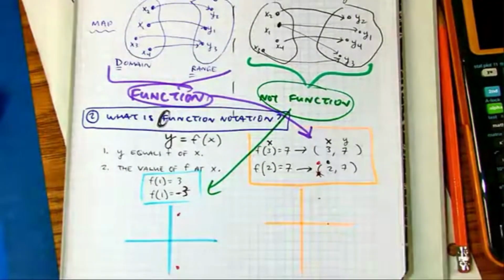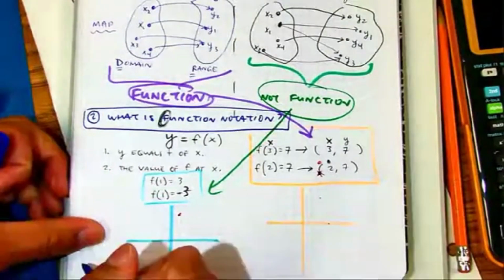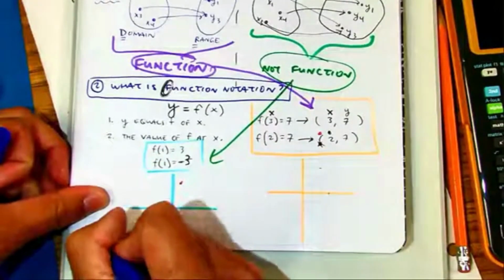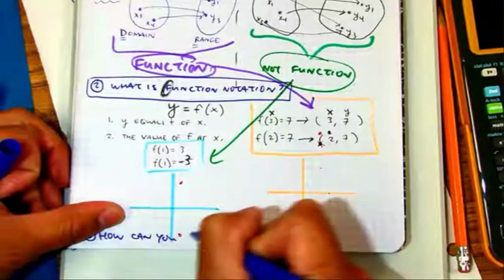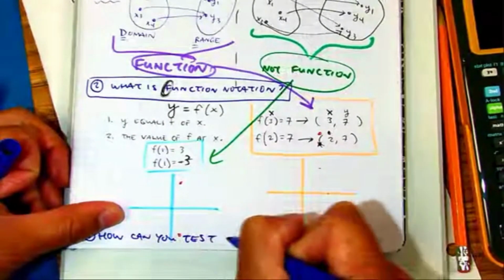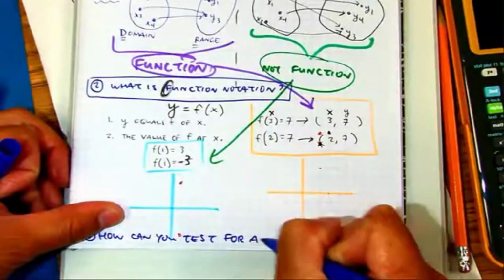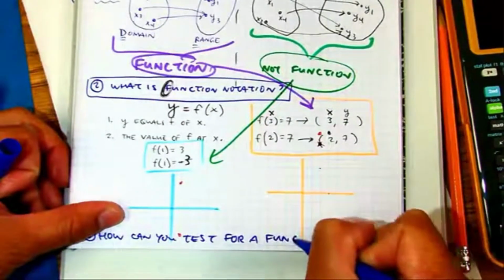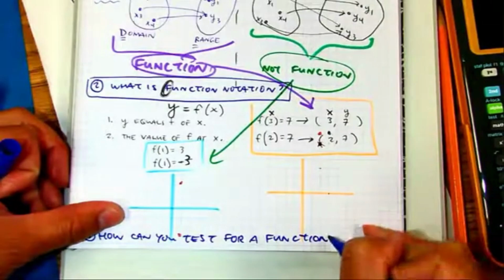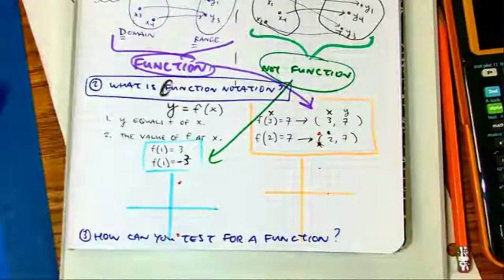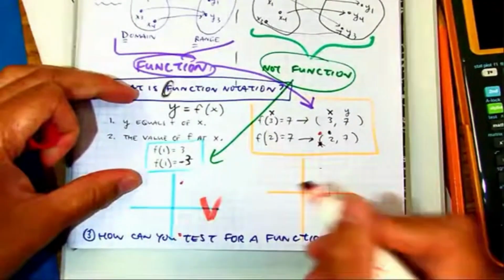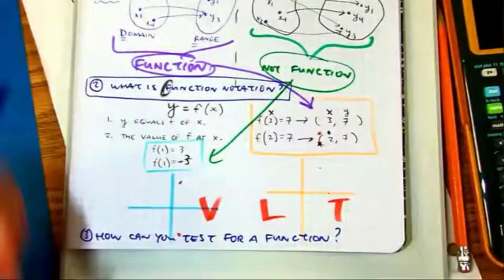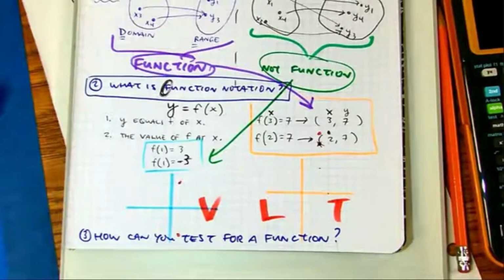How can you test for a function? Now, it is important. It's not just a line test. What kind of line will I be using? Okay, a vertical. And the reason why it has to be vertical, because guess what? What's the other direction?